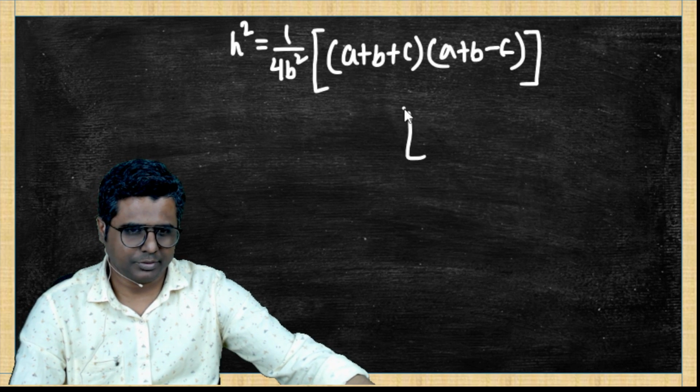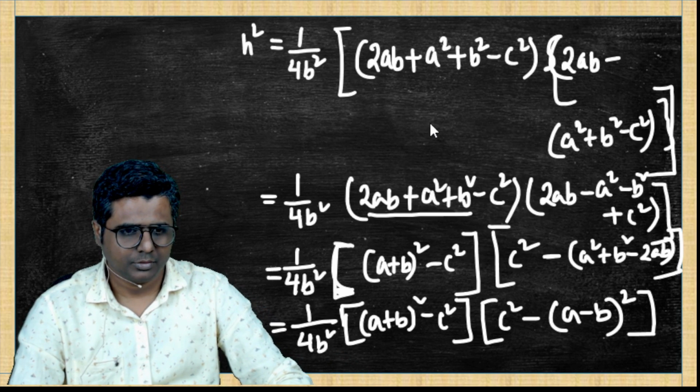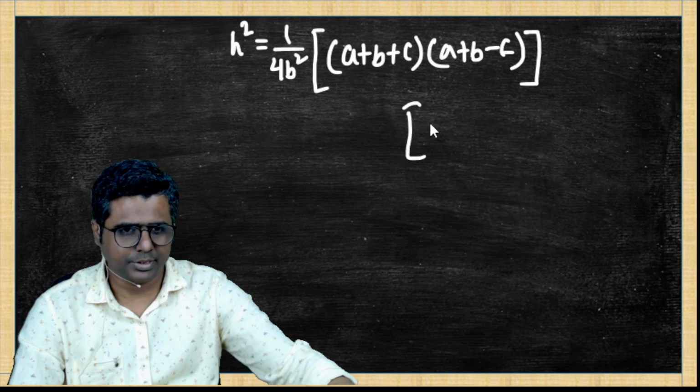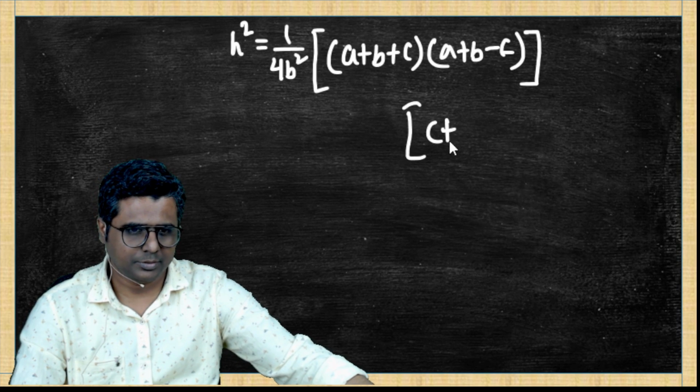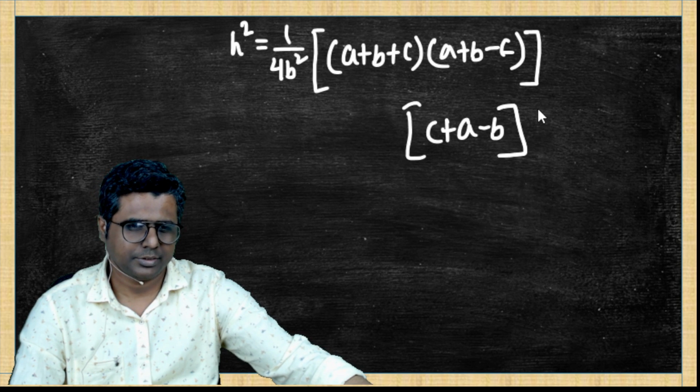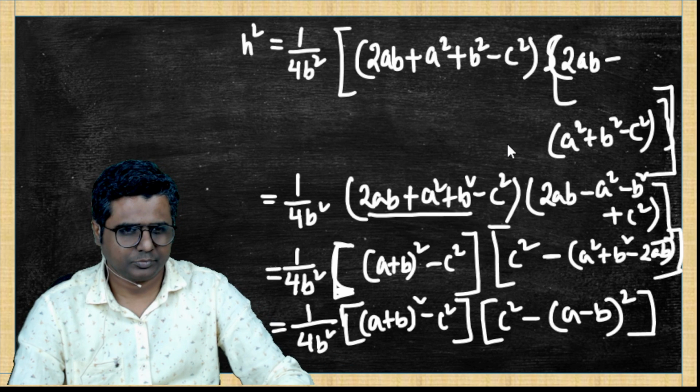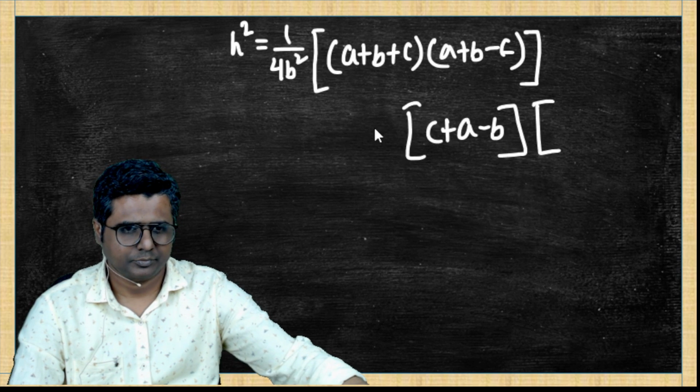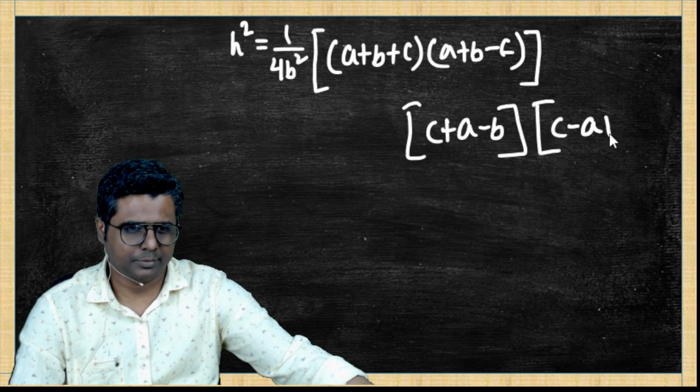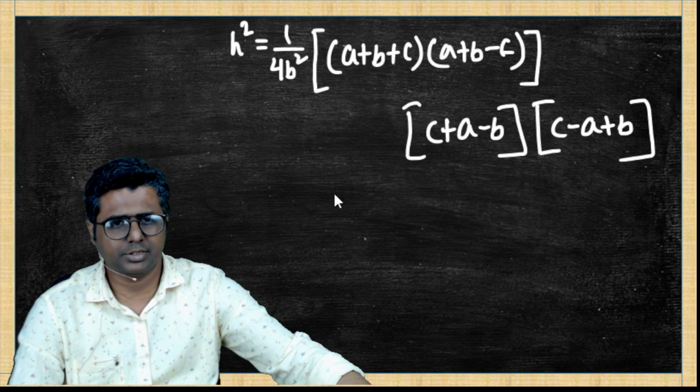And in the next one it will be (c plus a minus b) into (c minus a plus b). Please do it yourself, otherwise you are not going to learn.